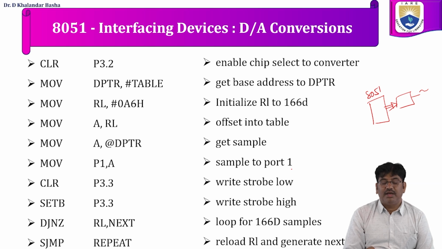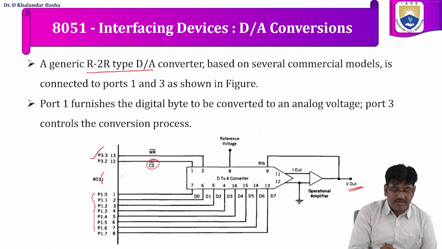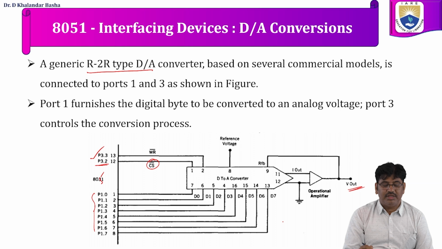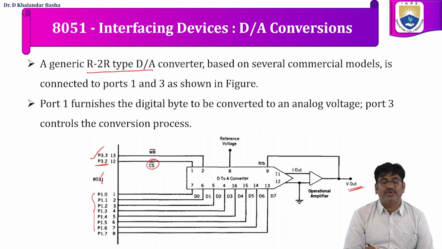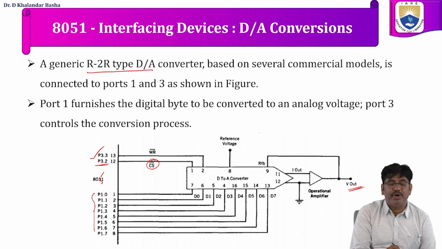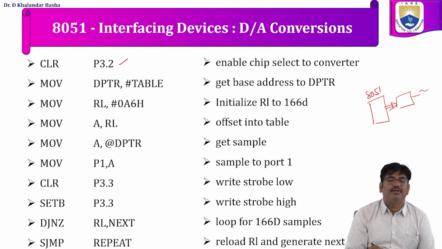First we will enable the chip select of the converter. Here we have selected the chip select to be connected to P3.2. As it is an active low signal, we have to make P3.2 zero. So first we write CLR P3.2. The purpose of this is to enable the chip select.